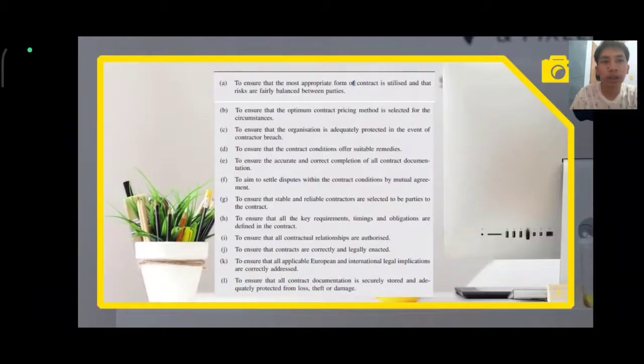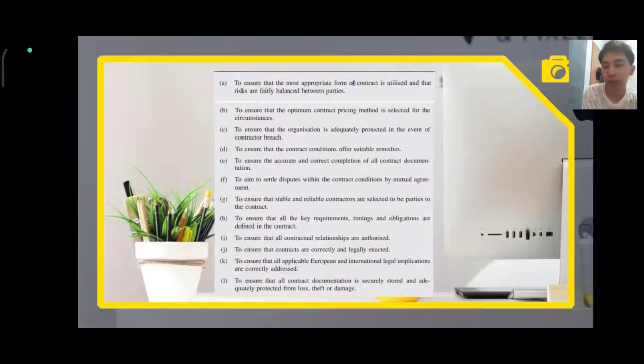C. To ensure that the organization is adequately protected in the event of contractor breach. D. To ensure that the contract conditions offer suitable remedies. E. To ensure the accurate and complete execution of all contracts and documentation. Then next, letter F, is to settle disputes within the contract conditions by mutual agreement.